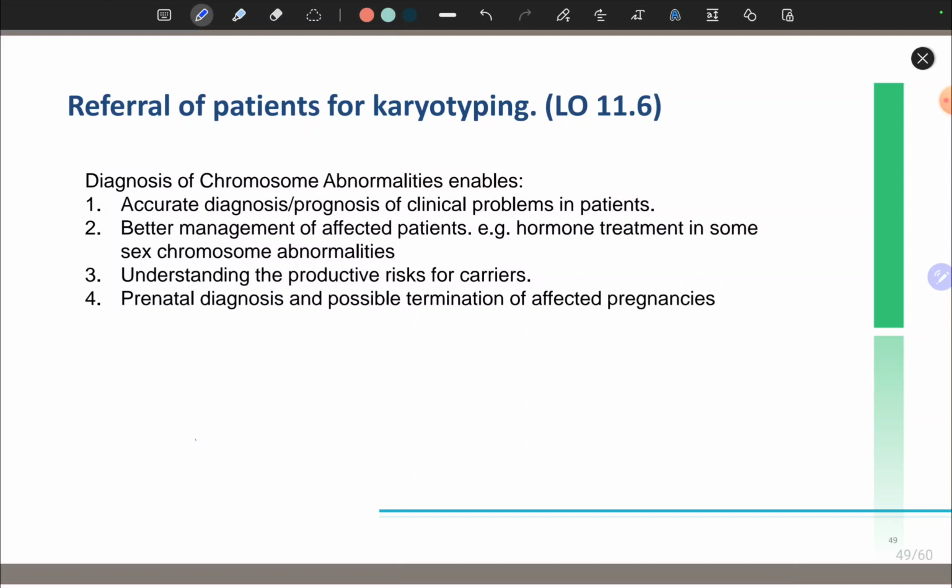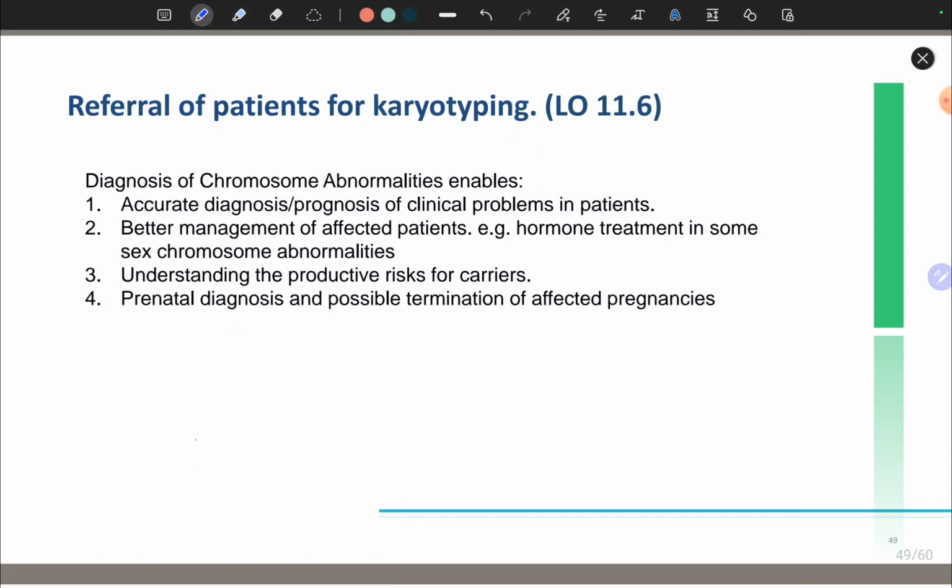Second, better management of affected patients, for example, hormone treatment in some sex chromosome abnormalities, and understanding the reproductive risks of the carriers. This is a genetic test for the couple, the mother and the father to be. So they will do that to understand if they have risk to bring a baby.